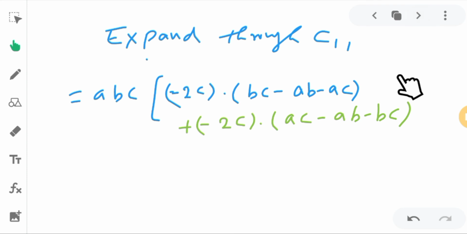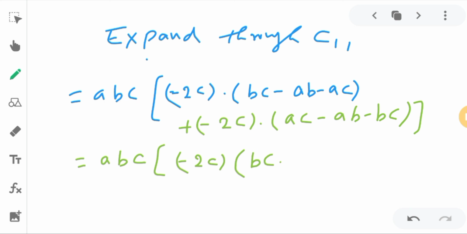Now I will calculate a little bit. This will be ABC, and if you see, minus 2C is common. So I take minus 2C common. This will be BC minus AB minus AC, plus AC minus AB minus BC.